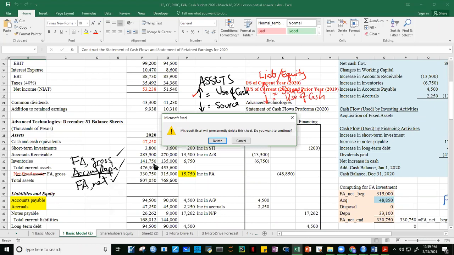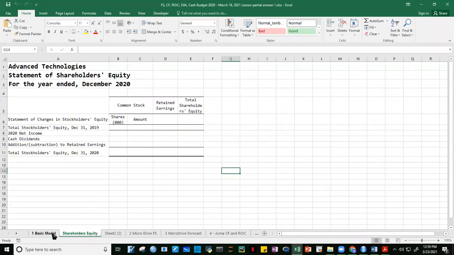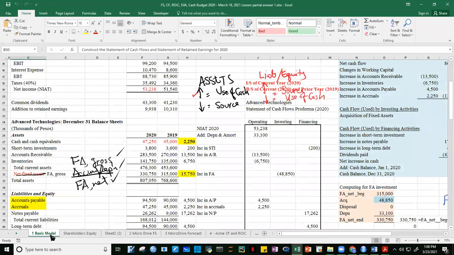Sa Mac ba, control ba rin, or command? So you click the worksheet that you want copied. Sa Windows, press control and then left click your mouse. I think sa Mac command, no? Tama ba? Yes, Mac users? Yes po. Okay, sa Mac users, ganun din.